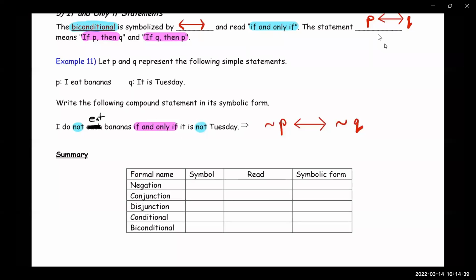Let's look at the last table, the summary. So negation, anybody remember what's the symbol for negation? Squiggly line, right? What would be the symbol for conjunction?